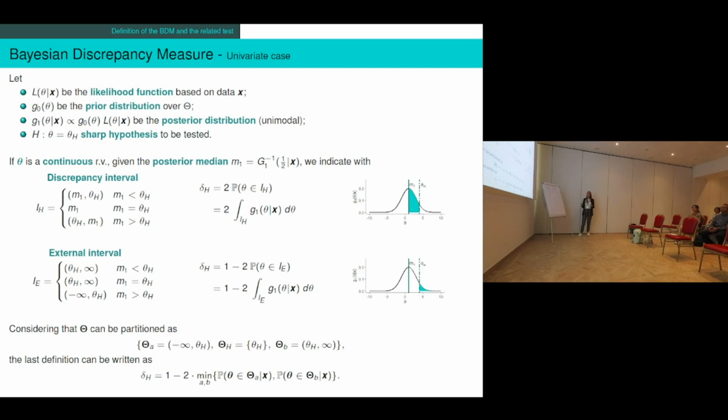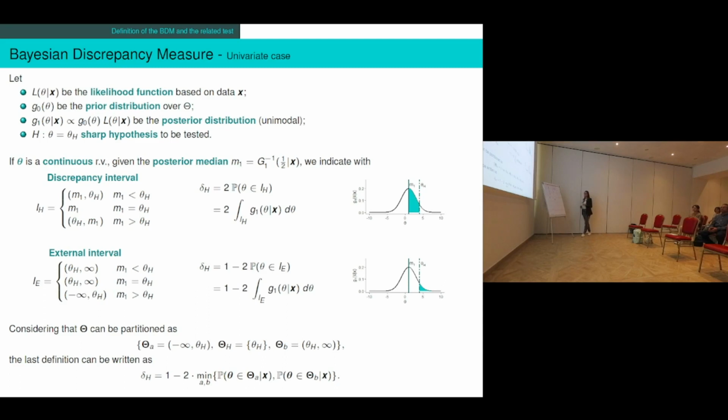Then the measure, the BDM, is denoted here with delta_H, and is defined as 2 times the posterior probability in the interval I_H, the discrepancy interval. Basically, we have to compute 2 times the integral of the posterior in the discrepancy interval. So we are computing here the volume, the area in this case, under the curve.